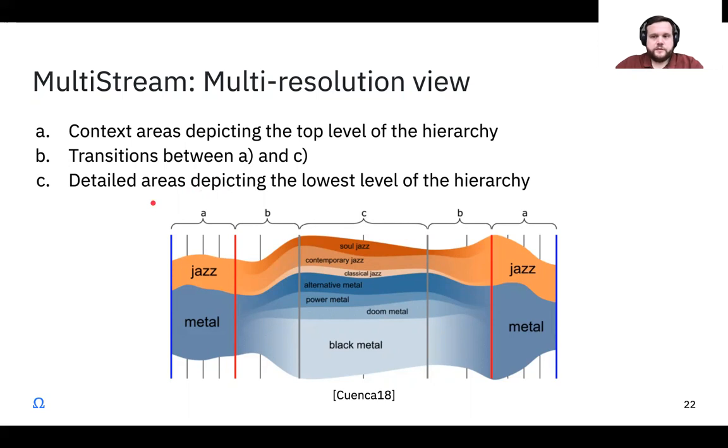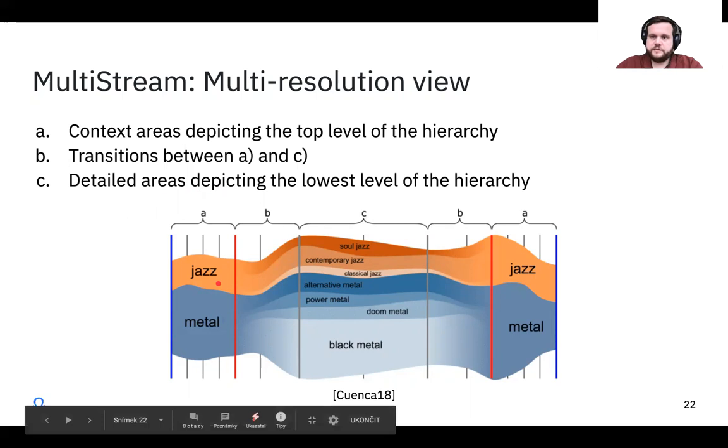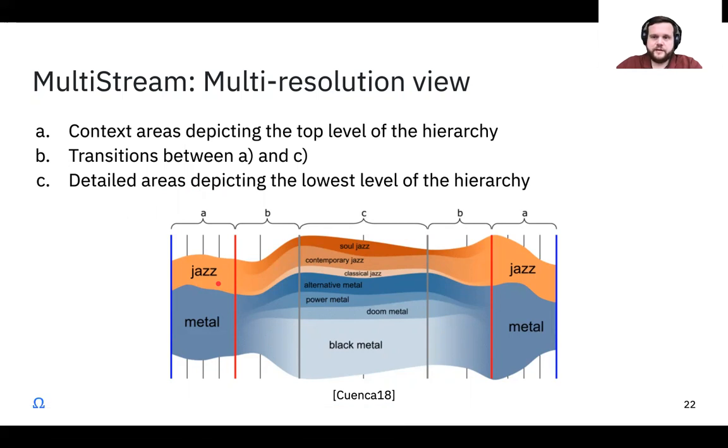What you can actually do with stream graphs is what's called a multi-resolution view. It's very nice for visualizing the topic development over time on multiple levels of the topic hierarchy.